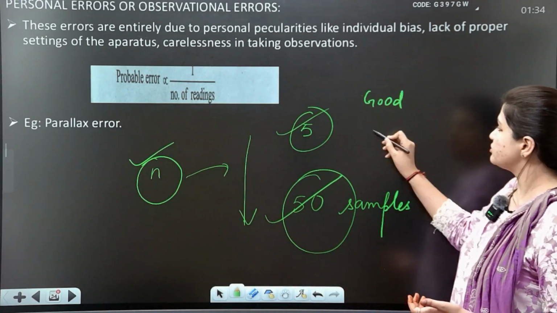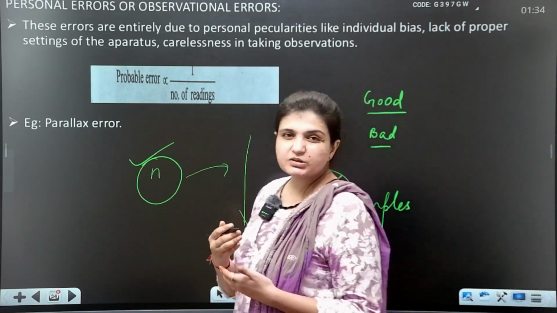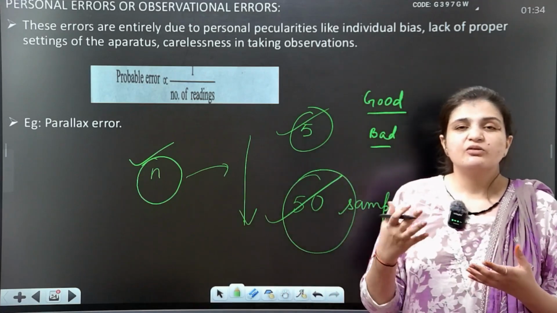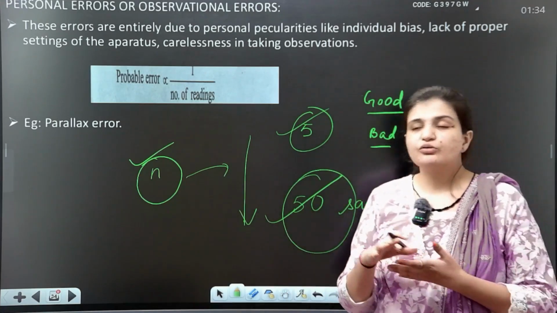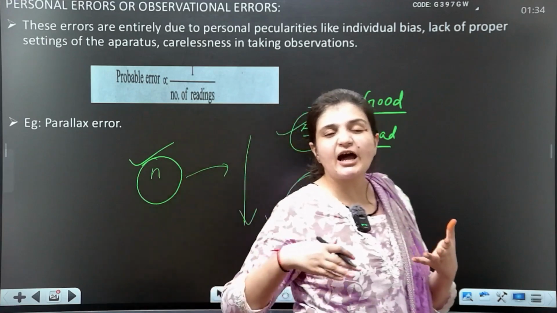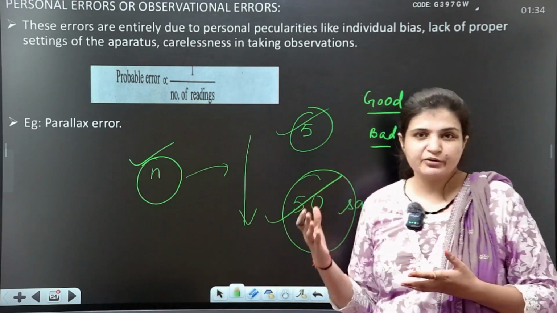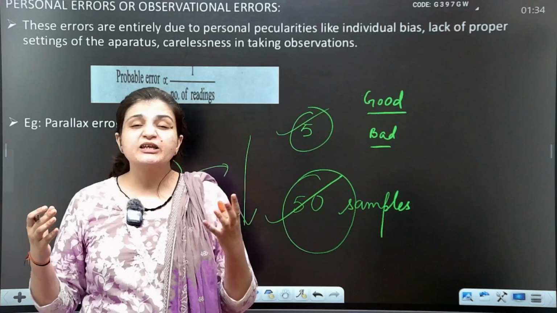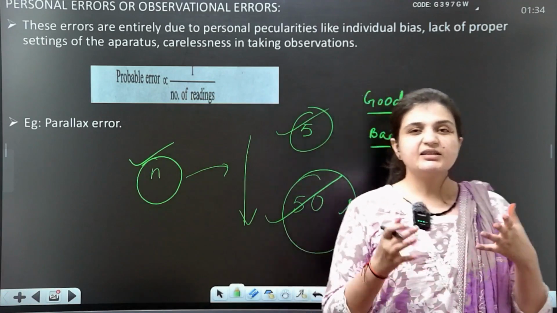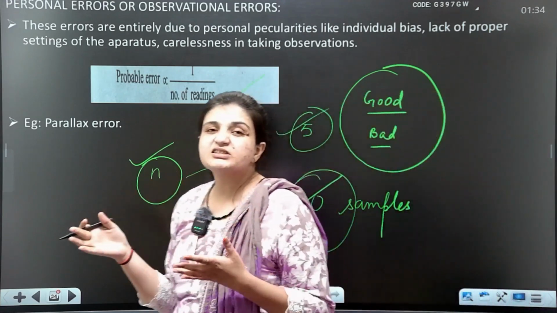If we have taken only 5 samples, and only of good students, then it will not give us the information that there are also students who have not got good marks, who have not improved in the exam. If we take a larger sample, those students would also have been included. So the number of readings is inversely proportional to the error.